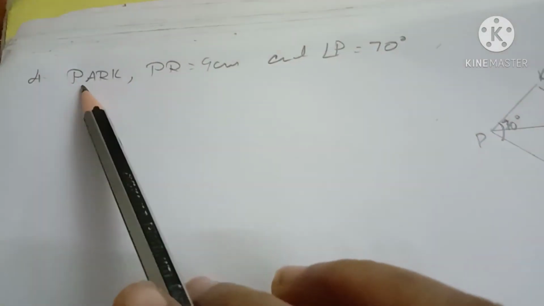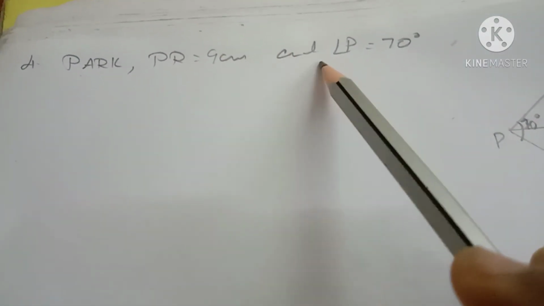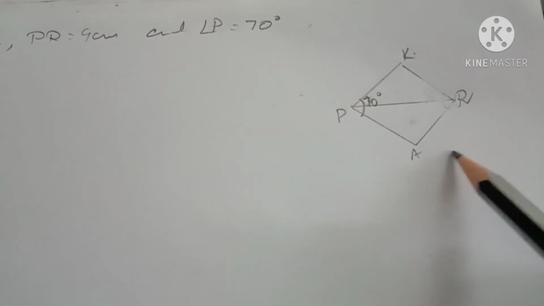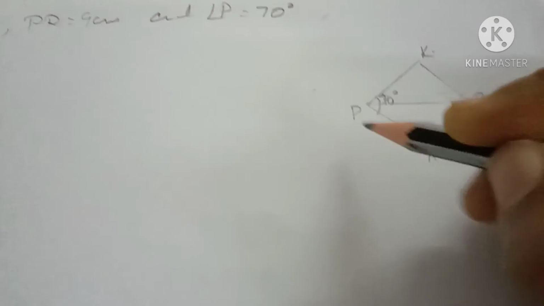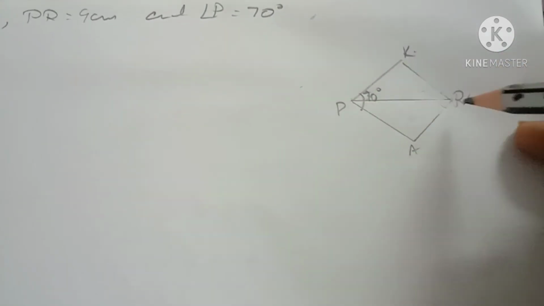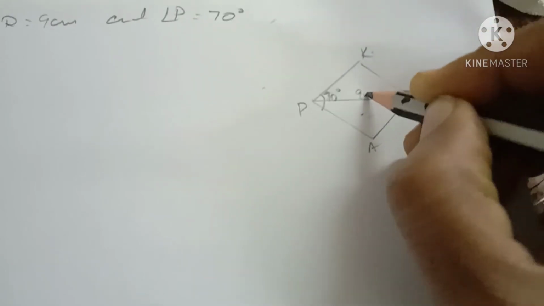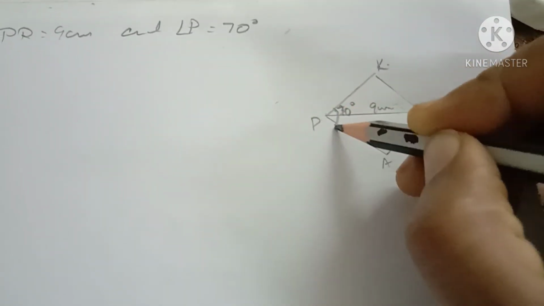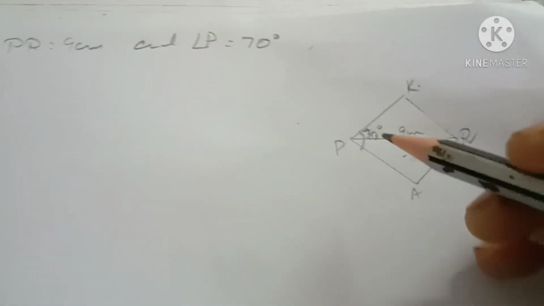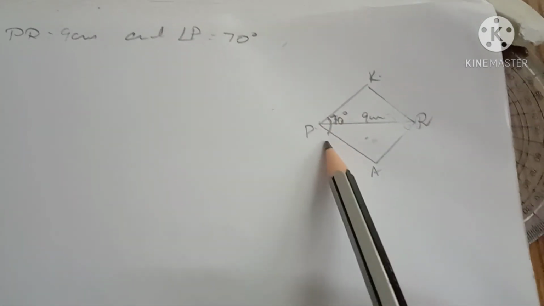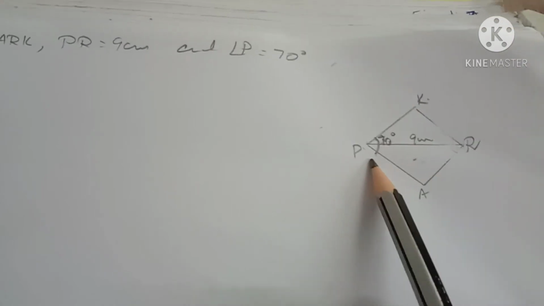Next question, rhombus PARK, PR is equal to 9 centimeter, angle P equal to 70 degree. So draw a rough figure PARK. PR is equal to 9 centimeter, at P 70 degree. So they given the diagonal value and the angle.